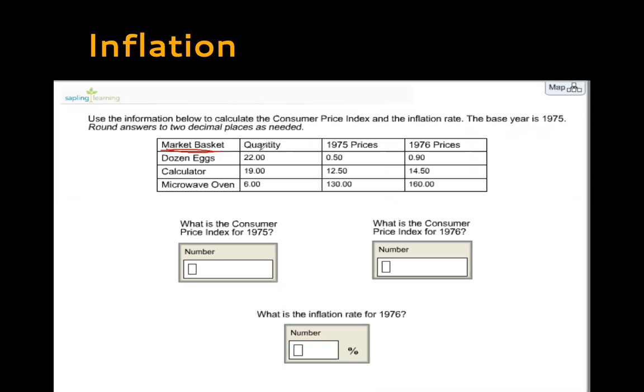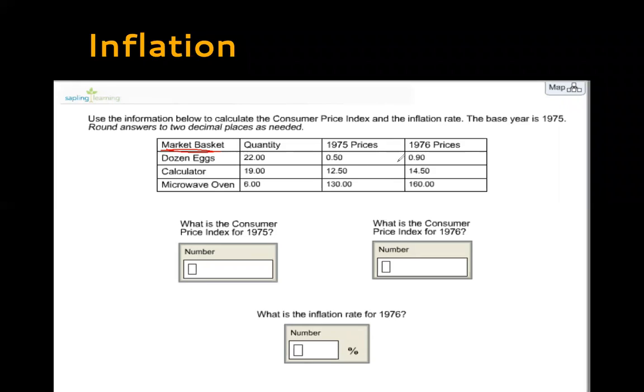And you look at how many of them were bought, what did they cost in 1975, what did those same things cost in 1976. You can see that here you bought 22 dozen eggs at 50 cents a dozen in 1975, at 90 cents a dozen in 1976. You can see that the prices are increasing. But what's the inflation rate? That's the difference.